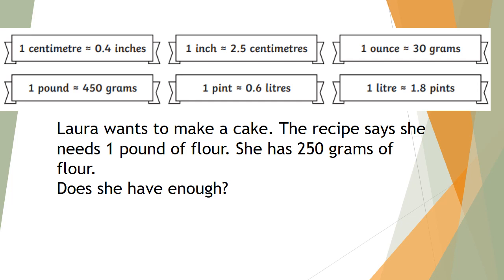Does she have enough? Excellent. No, she does not. How much more does she need to have a pound of flour? Yep, that's right. She needs 200 more grams of flour in order to make sure she has enough to make her cake.